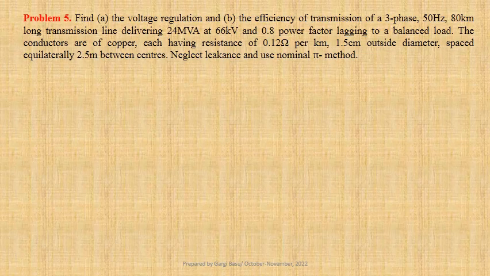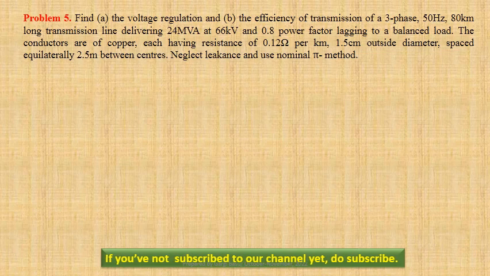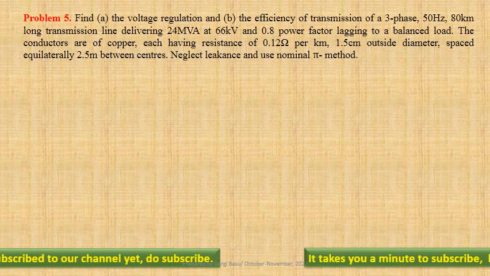Neglecting leakance and using nominal pi method, we have to determine the voltage regulation and the efficiency of transmission of a three-phase 50 Hz 80 km long transmission line delivering 24 megavolt ampere at 66 kilovolts and 0.8 power factor lagging to a balanced load.